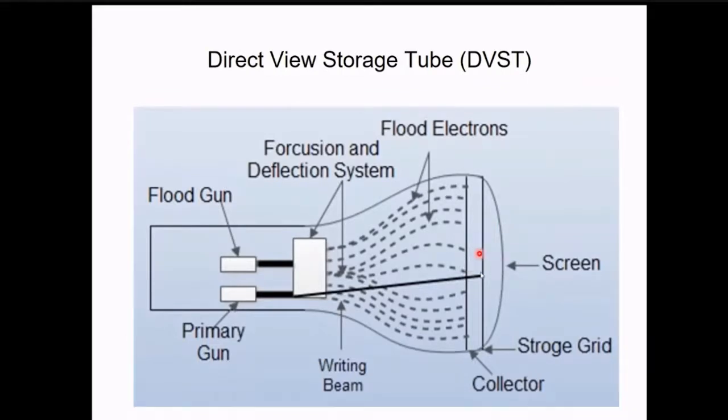That is the basic fundamental of the storage grid, and the collector would collect all the remaining electrons that are not required by the screen, or that have been collected while processing the circle. So only the circle won't get those electrons, and the remaining screen will be illuminated by the electrons.